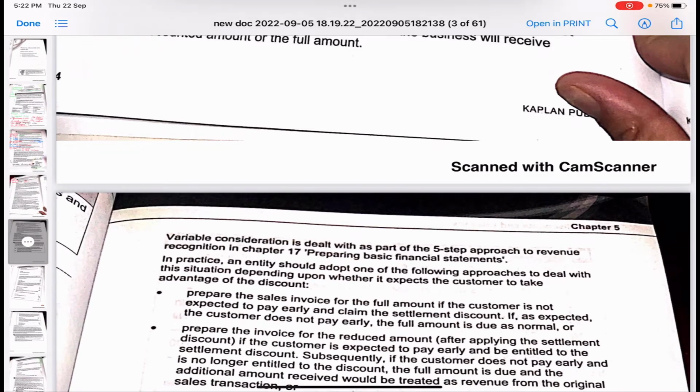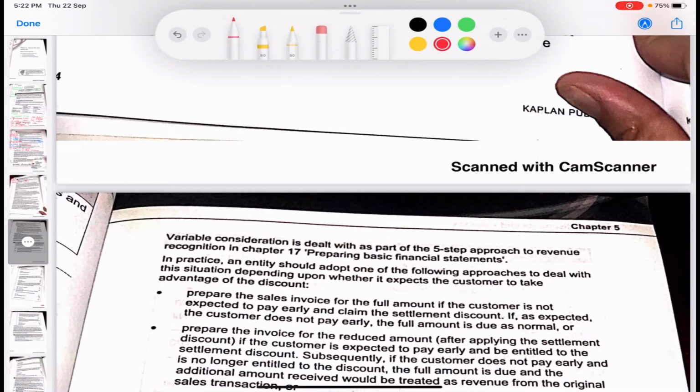So when we were doing the trade discounts, we never opened a new account saying discount allowed or discount received. We just deducted the value and wrote the net value in the same account, right? So now what are we supposed to do? In the cash discount, we will be opening a new account, and the new account is known as discount received or discount allowed.